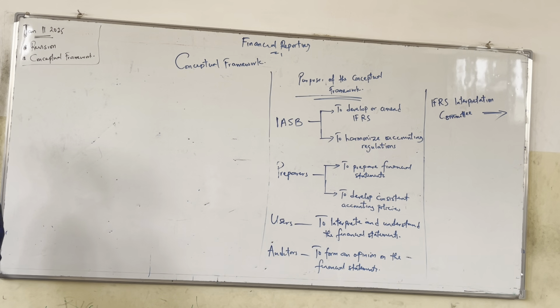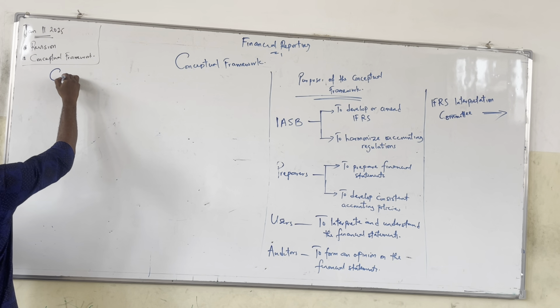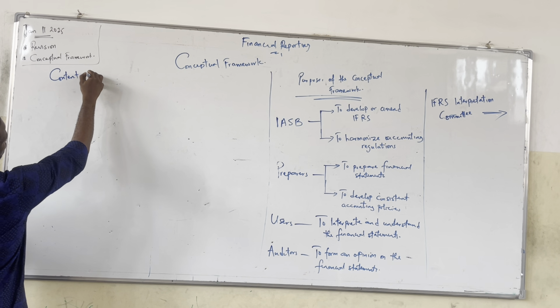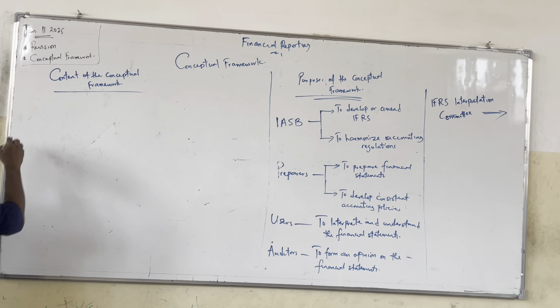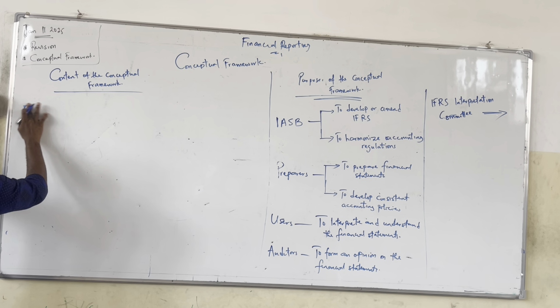With the 2018 conceptual framework, it introduced 8 chapters. They arranged those principles into 8 chapters. So let me call it the content of the conceptual framework. They arrange it into chapters.